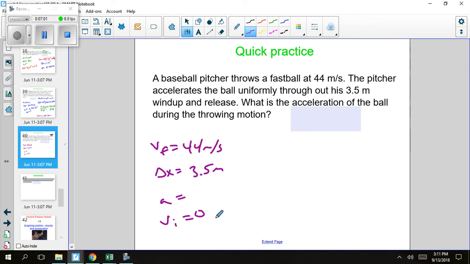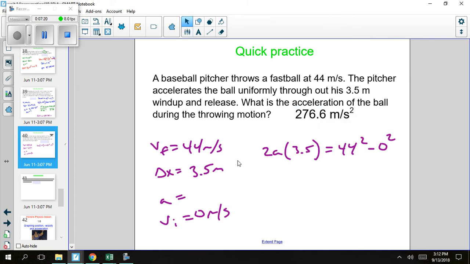It wasn't moving before he let it go. Alright, so same idea, same formula, only now we're looking for acceleration. And you should end up with 276.6 meters per second squared. That's one heck of a fastball.